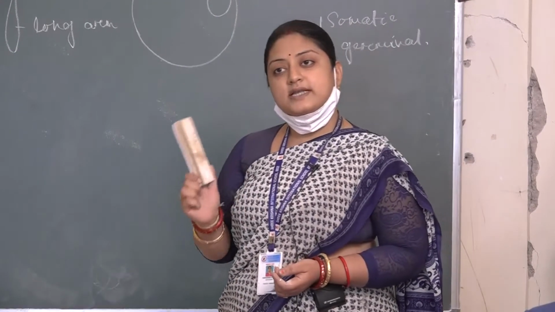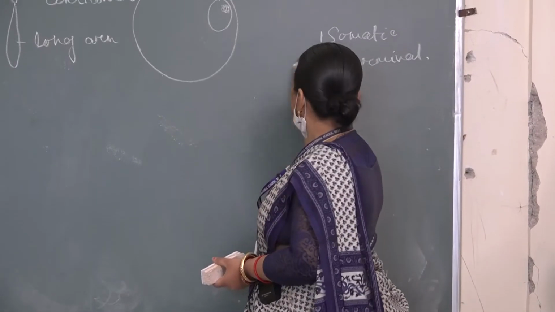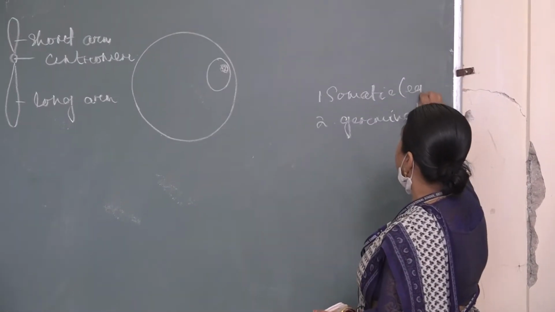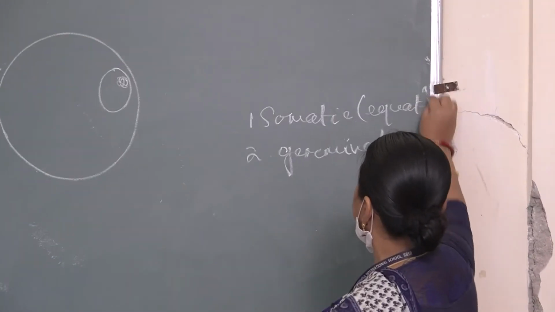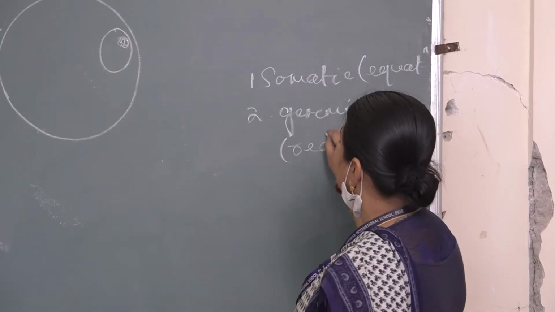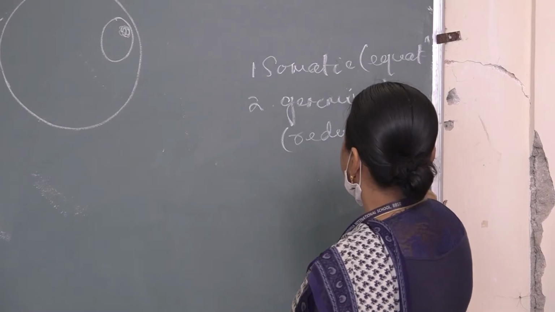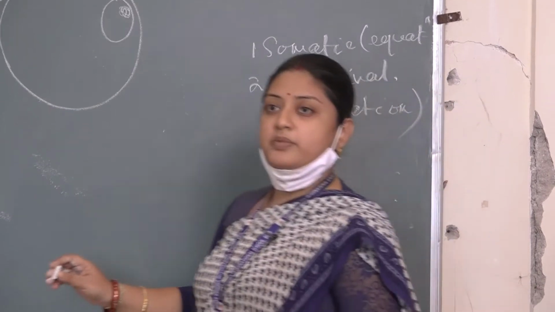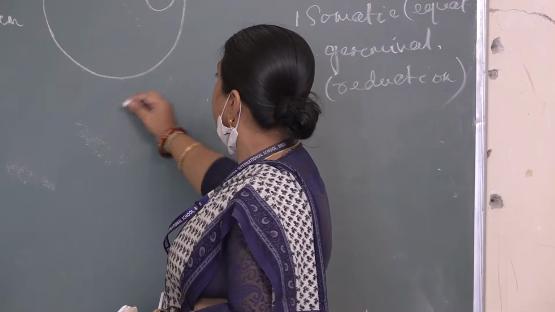All somatic cells always undergo equational division, but germinal cells always undergo reductional division. In a normal human being, there are a total of 23 pairs of chromosomes.